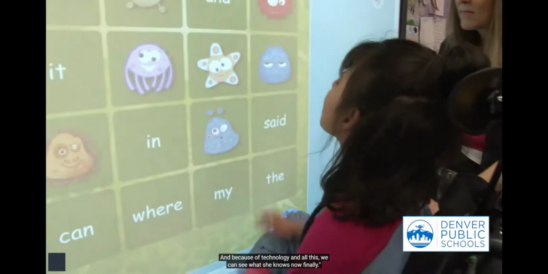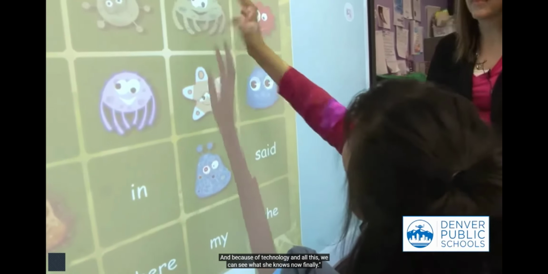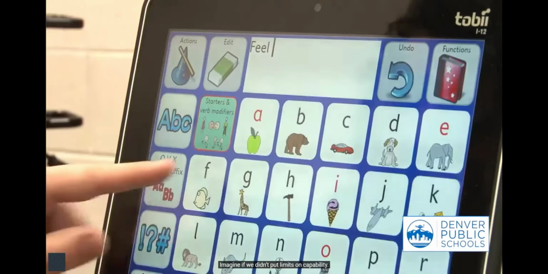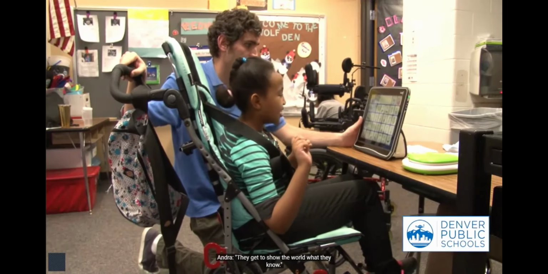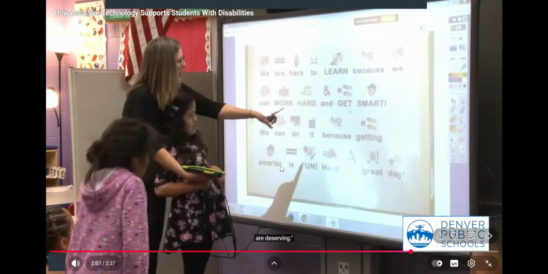And because of technology and all this, we can see what she knows now finally. Imagine if we didn't put limits on capability. They get to show the world what they know. It just shows me how important that accommodations, including assistive technology, are to give all children access to that free, appropriate education that they're deserving.